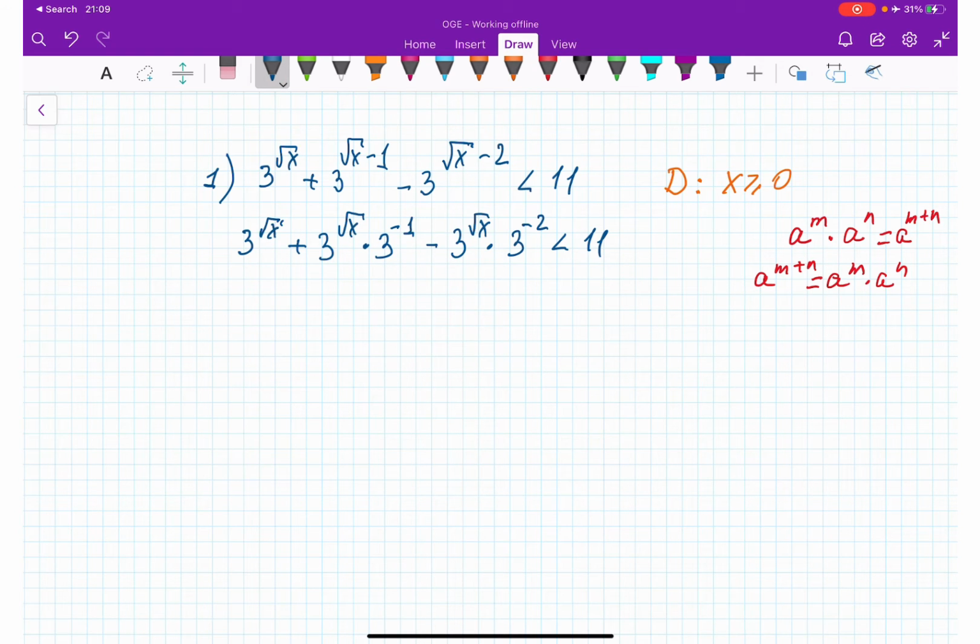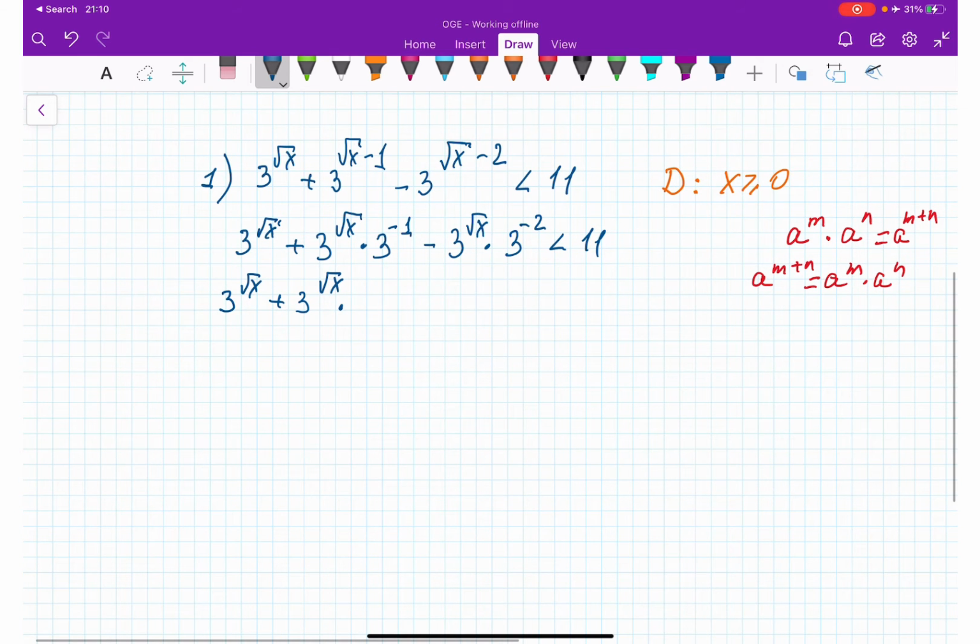Okay, next step. 3 to the power square root of x plus 3 to the power square root of x times 1 over 3, minus 3 to the power square root x times 1 over 3 to the power positive 2, right?